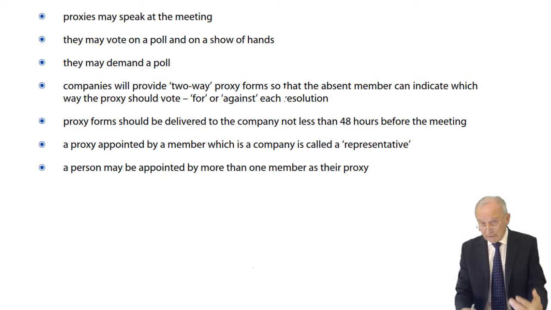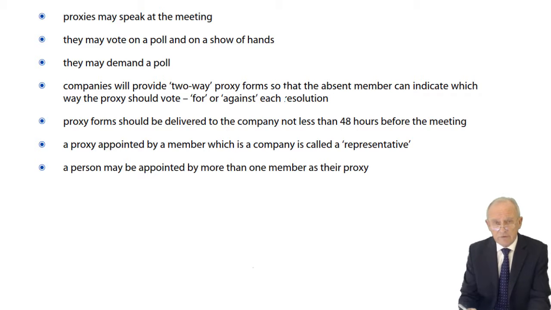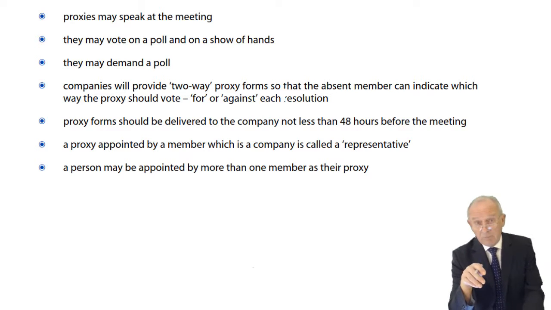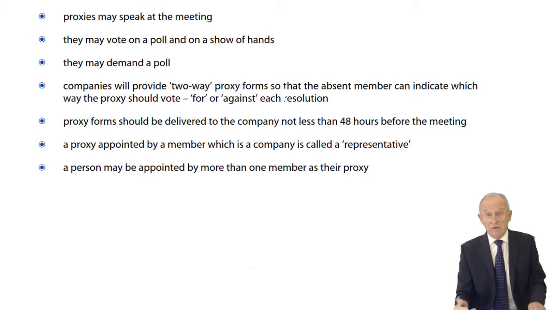Typically, a proxy will just sign a proxy form and send it in indicating which way they want to vote. It will be unusual for them to specify an individual to turn up on their behalf. But they can do, and that person does not have to be a member of the company.